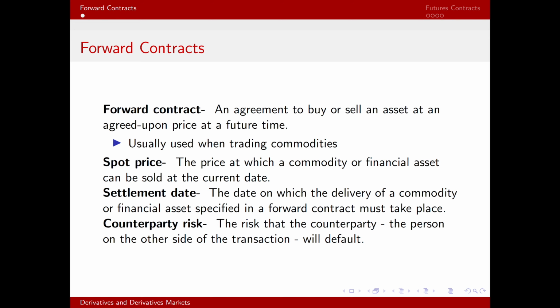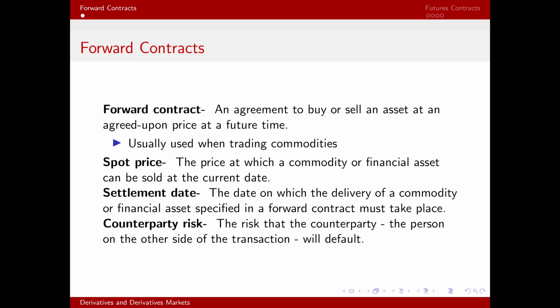First is a spot price. The spot price is just the price at which a commodity or financial asset can be sold at the current date. The settlement date is the date at which the delivery of a commodity or financial asset specified in a forward contract must take place.